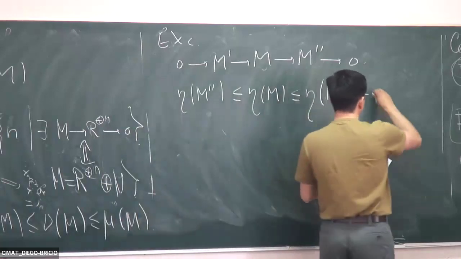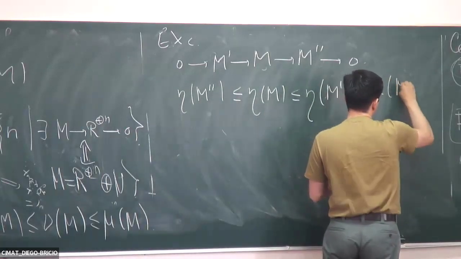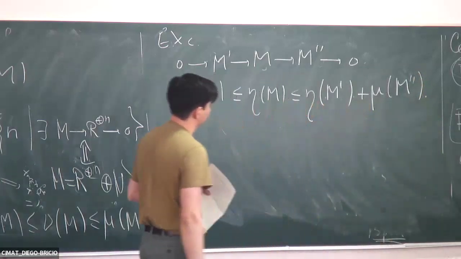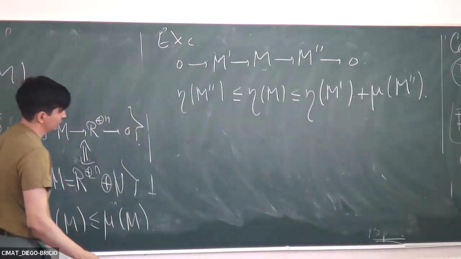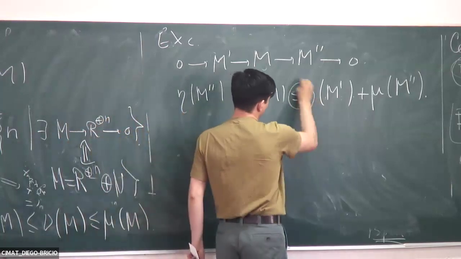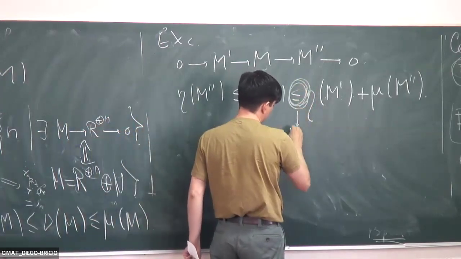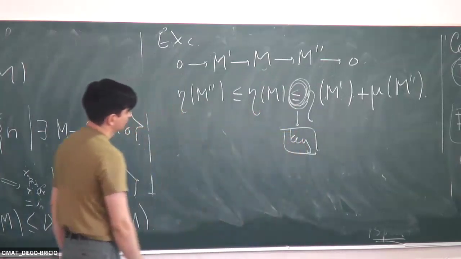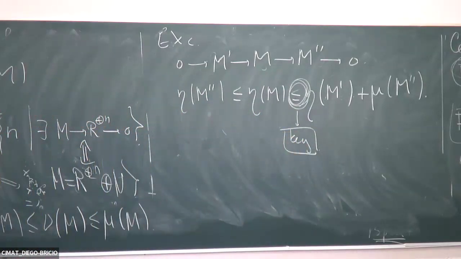So what you get here is mu. This is a tricky one. That's a tricky argument, but I put a hint here in the notes so you can look it up.